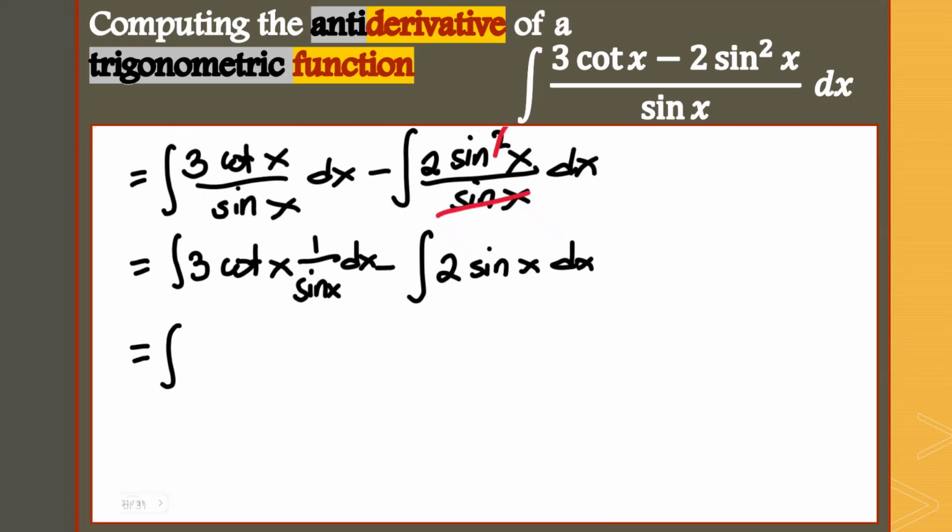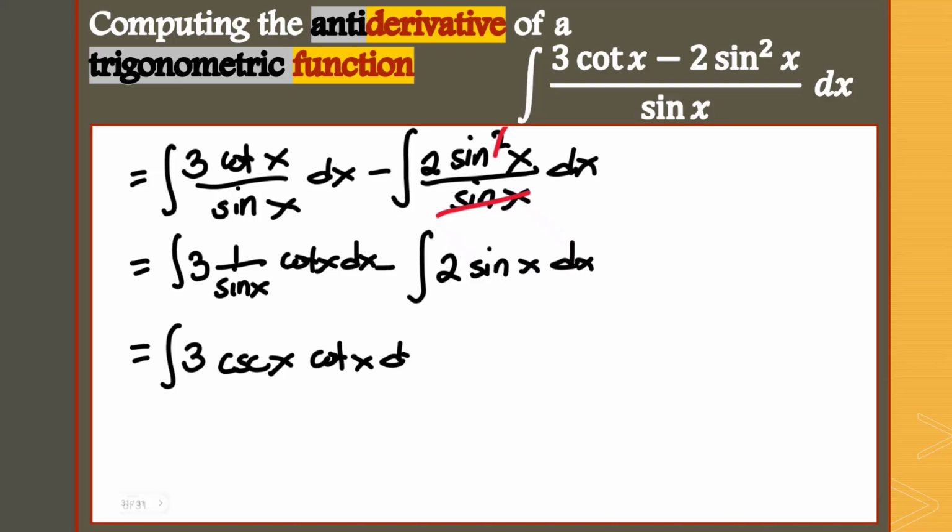You have the integral of 3 cotangent x, or allow me to rewrite it in this manner, writing 1 over sine x first before cotangent x, because 1 over sine x is cosecant x. Cotangent x will stay as it is, dx. Let me just rewrite the remaining second term here.